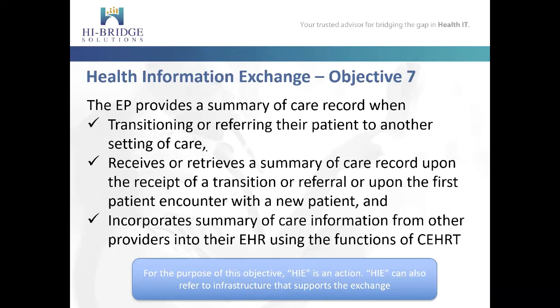So we're going to address that in just a few minutes. And it also includes a measure for incorporating the summary of care information from other providers into your EHR using the function of your certified EHR technology.